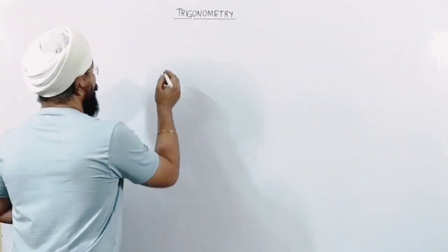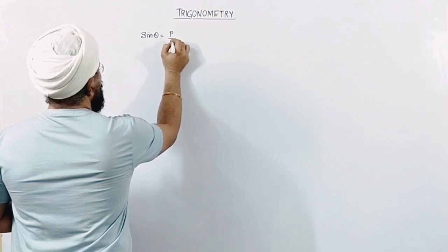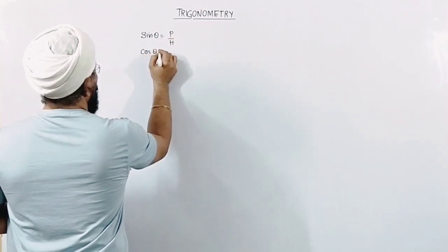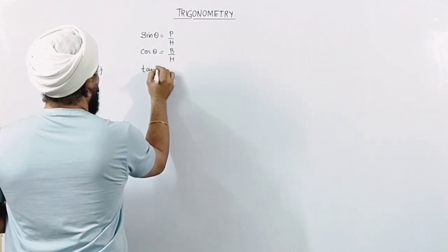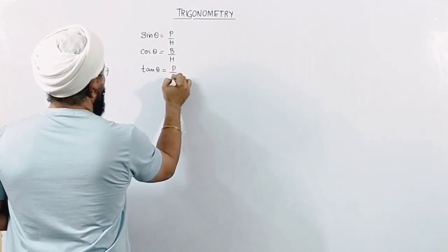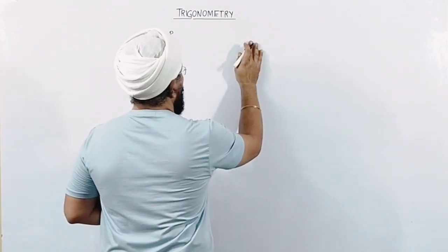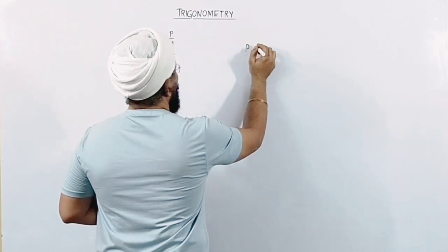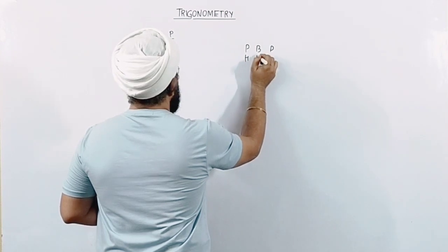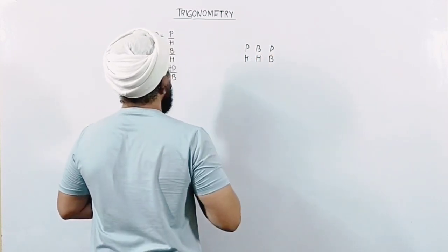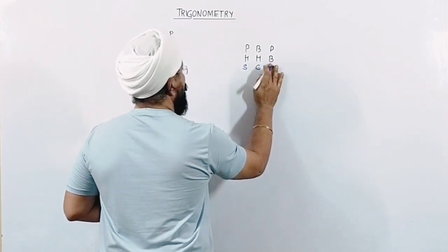Clear? Generally in schooling we used to write this as sin theta P upon H, cos theta B upon H, tan theta P upon B. So the student used to remember this one as P B P H H B, and this is sine, cos and tan.